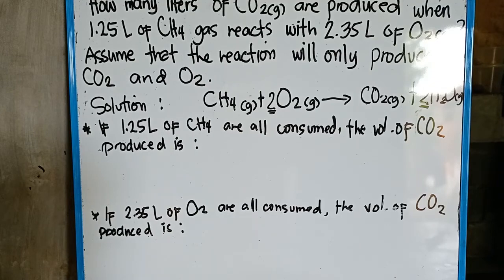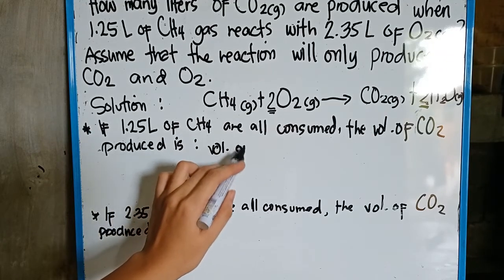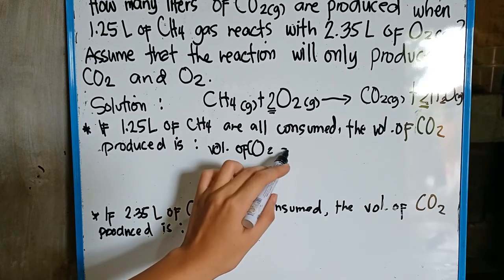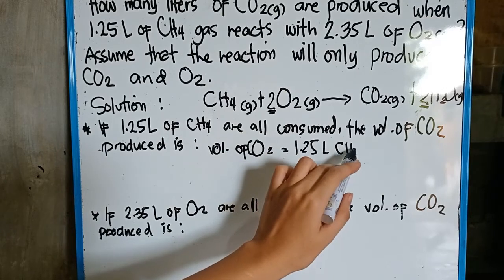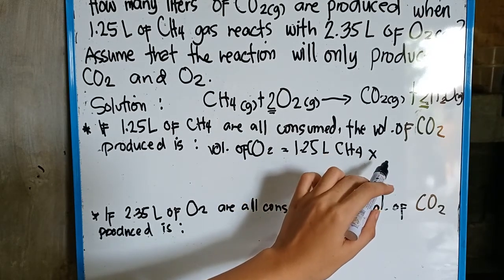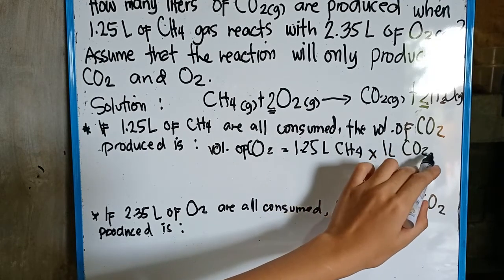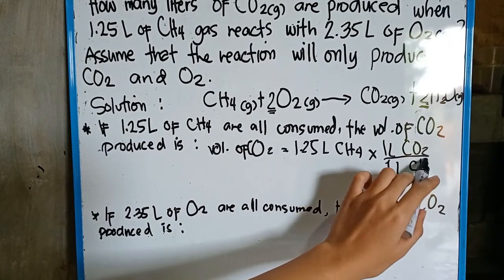So first, if 1.25 of CH4 are all consumed, the volume of carbon dioxide produced is, so let's solve for the volume of carbon dioxide. CO2 equals 1.25 liter of CH4 multiply to 1 liter of CO2 over 1 liter of CH4.